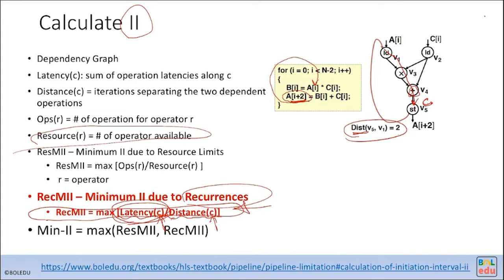In order to optimize the II due to the loop carried dependency, you have two ways to do that. One is to reduce the latency, how long C takes to be calculated and used for the next iterations.